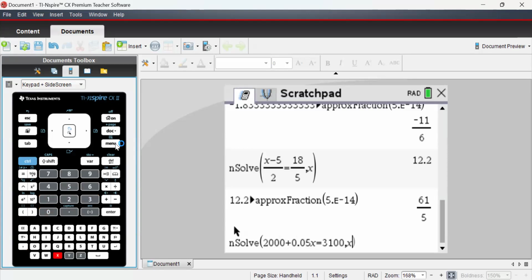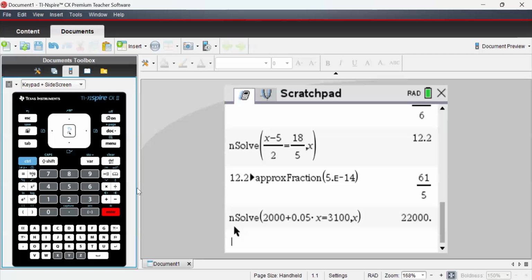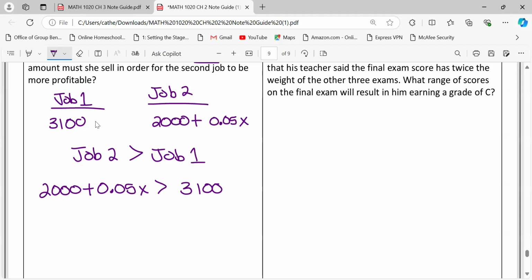Comma X at the end. So X is equal to 22,000. So they just want to know what level of sales she has to have. They just need that 22,000.